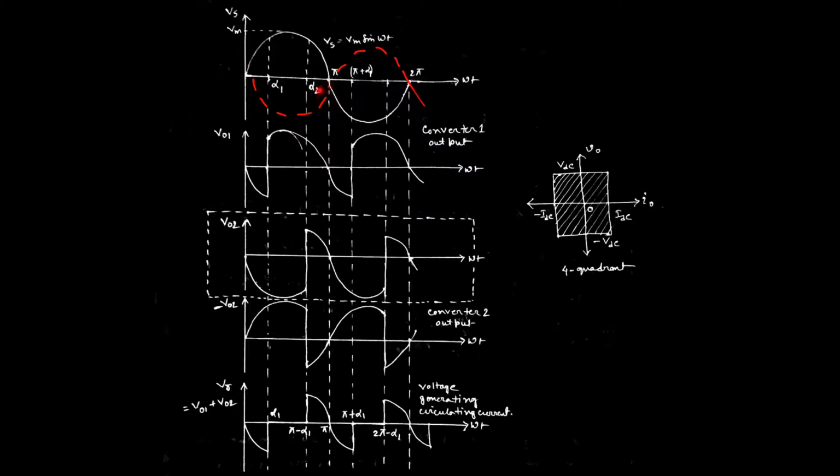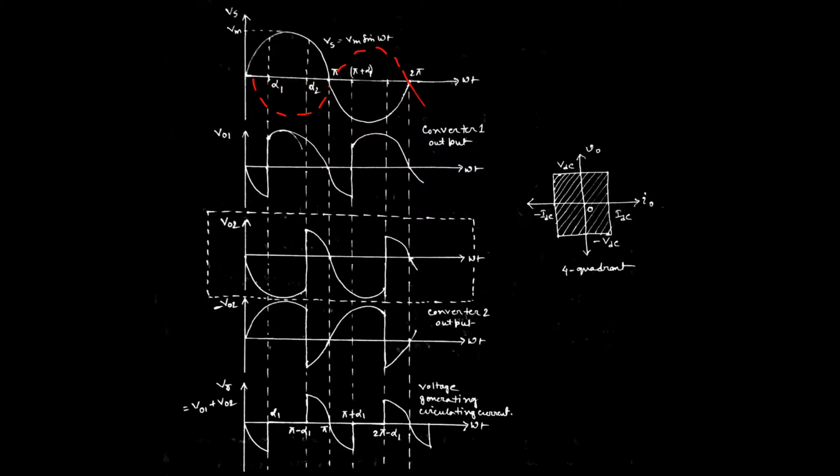It is true that it is coming from the negative cycle, but as it is an operation for the rectifier circuit, and we know in a rectifier circuit the voltage and current both will be in the same direction, the converter output will be replaced by this peak. Up to this point the converter is not working. Before alpha 2, that means 0 to alpha 2, there is a blocking voltage for converter 2.